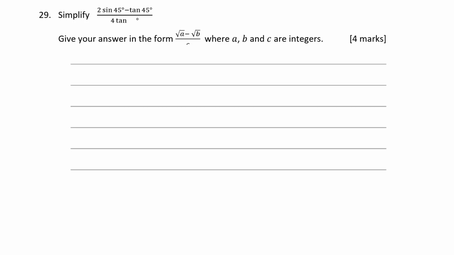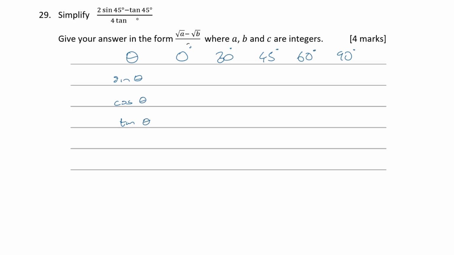So first thing is, do you remember your exact values for trig? Well, which ones do you need to know about? You need to know about values of theta for 0, for 30, for 45, for 60, and for 90 degrees for your 3 types of trig ratio. So sine theta, cos theta, tan theta.